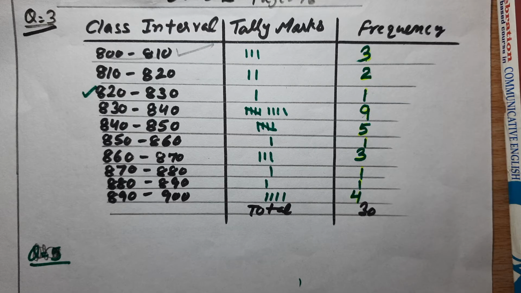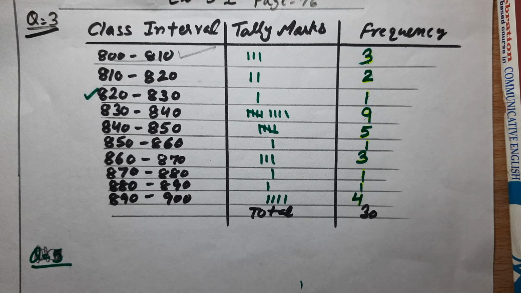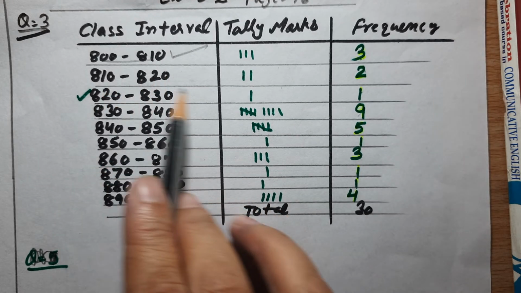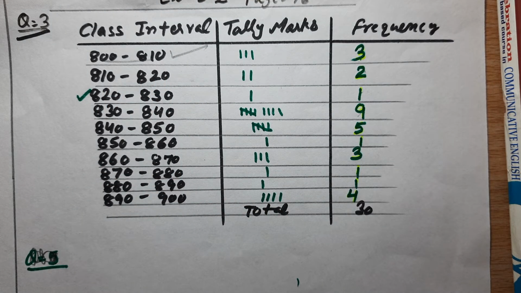Yes children, now I am going to just revise the topic again. This is our class interval. Now from this class interval, if we have to write any values, how will we write it? Just understand, I am going to do it. First of all, write down the class interval.